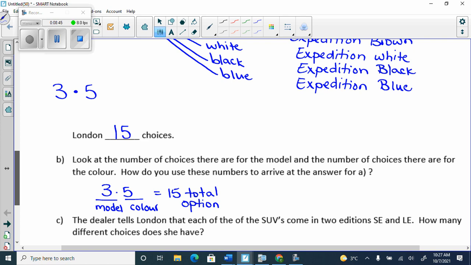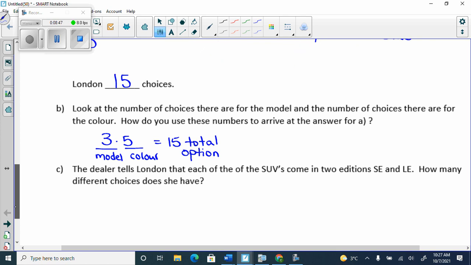So, the next one says, the dealer tells London that each of the SUVs comes in 2 editions now as well, SE and LE. How many different choices are there for her? Up there it should have said her and it said he. So we have a model. How many different models are there? There was 3.